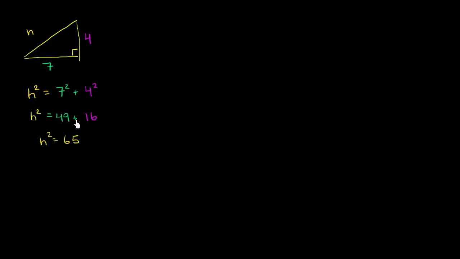Did I do that right? 49 plus 10 is 59, plus another 6 is 65. Or we could say that h is equal to, if we take the square root of both sides, the square root of 65. And we really can't simplify this at all. 65 is the same thing as 13 times 5. Both of those are not perfect squares, and they're both prime, so you can't simplify this anymore. So h is equal to the square root of 65.